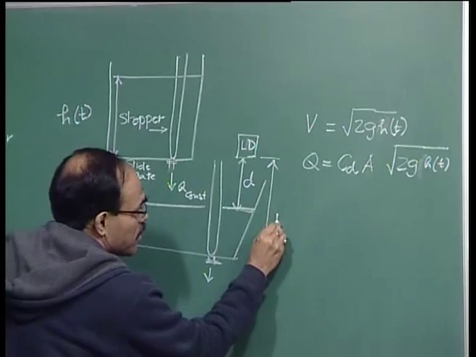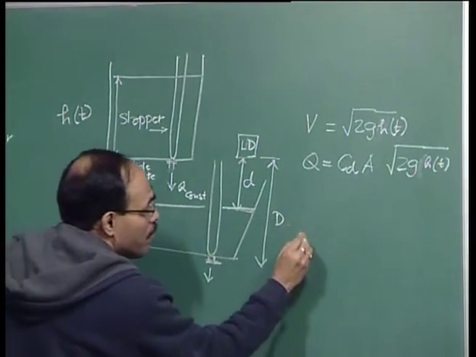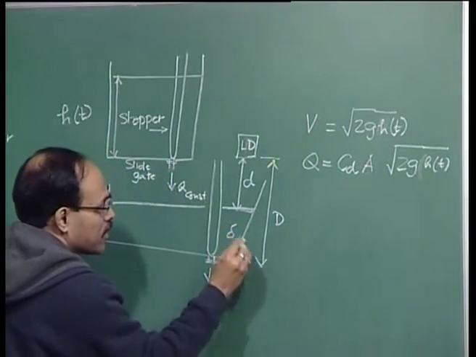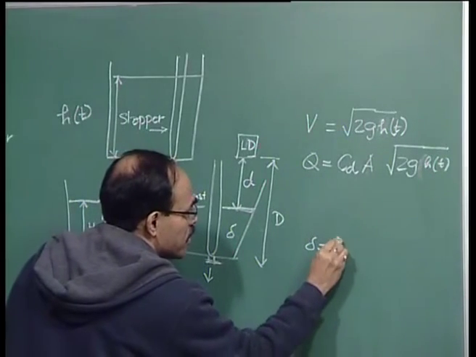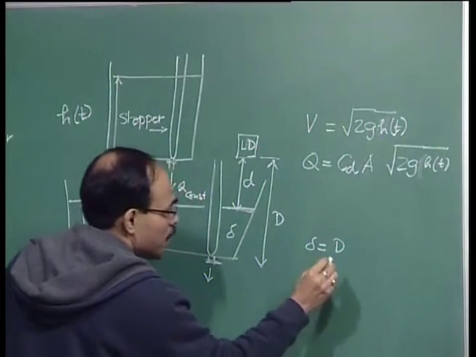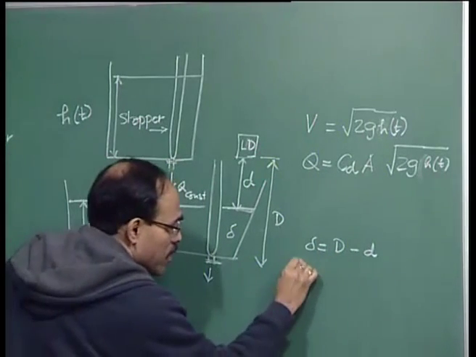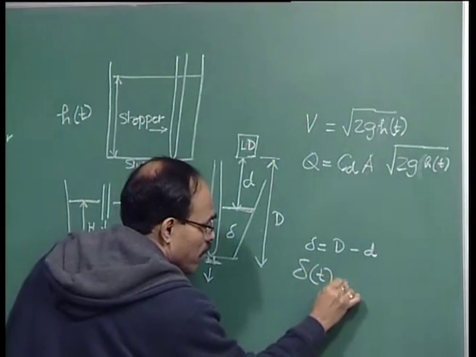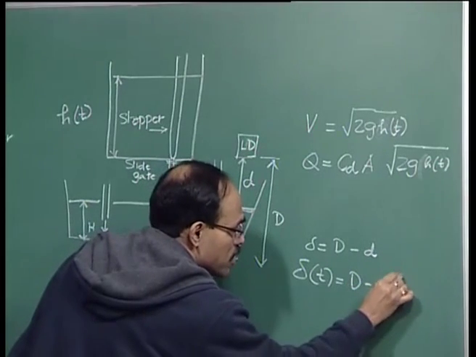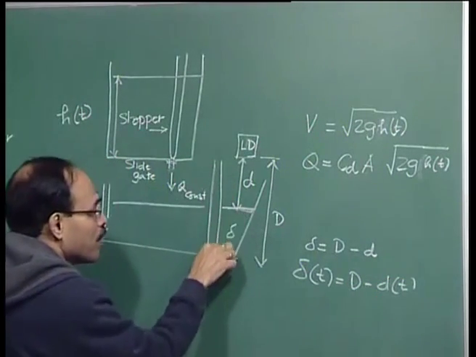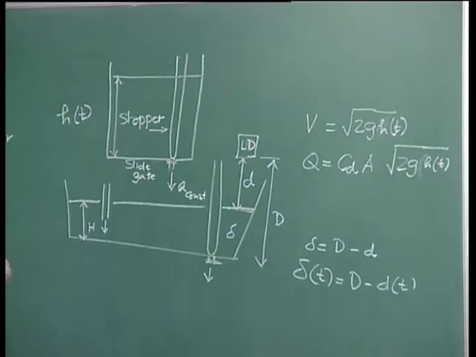So, therefore, the melt level bath, which we can say is delta, is equal to capital D minus small d. Note that this delta is a function of time. This D is a constant, and this d is a function of time, because the melt level can fluctuate.